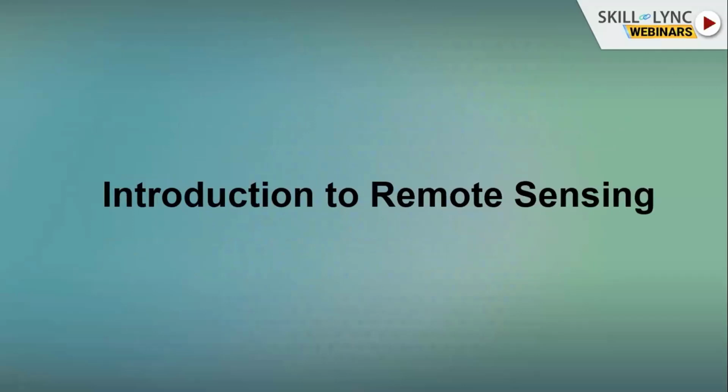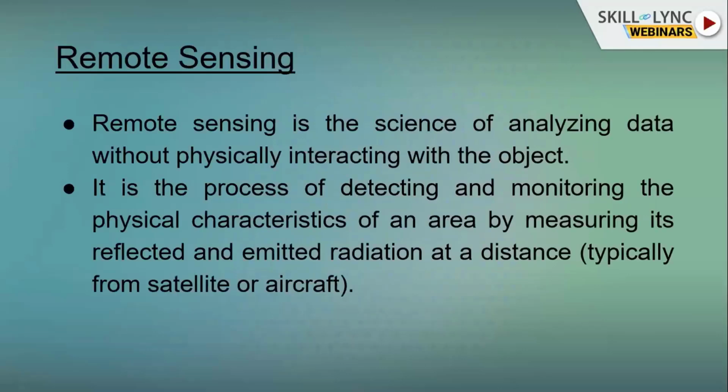First, as I have told you, I would like to give you a brief idea about remote sensing. What is basically remote sensing? You all might know, as you are all attending this webinar, so you must be aware of remote sensing and GIS techniques. Just to give you a brief idea, remote sensing is the science of analyzing data without physically interacting with the object.